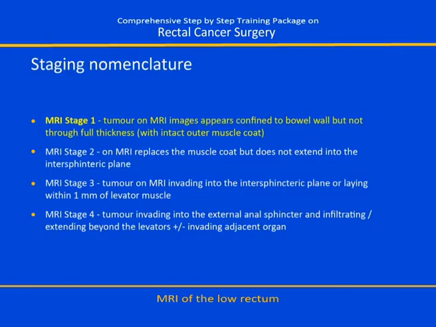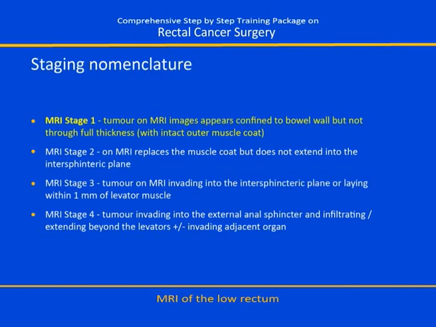And whether you then choose to go down the TME plane and do an ultra-low anterior resection, or whether you choose to go down the TME plane and do a Hartmann's or an intersphincteric APE, are decisions that can be made, but you know that that plane is safe and that there isn't really a necessity to undertake an extralevator, more radical procedure.